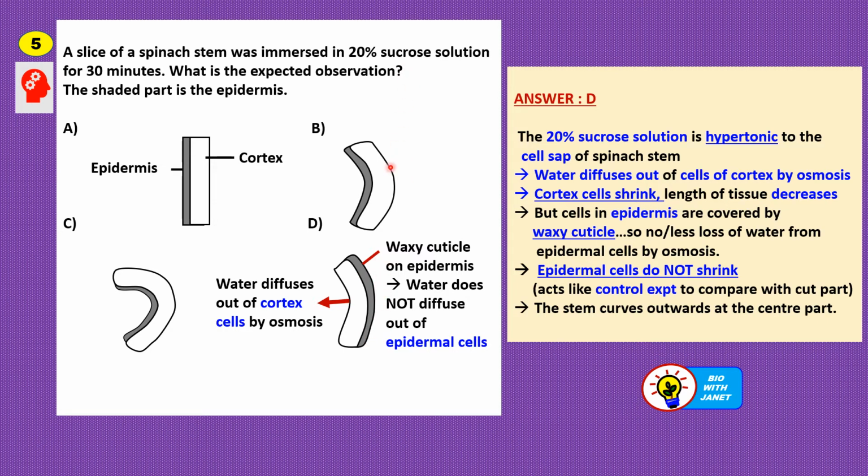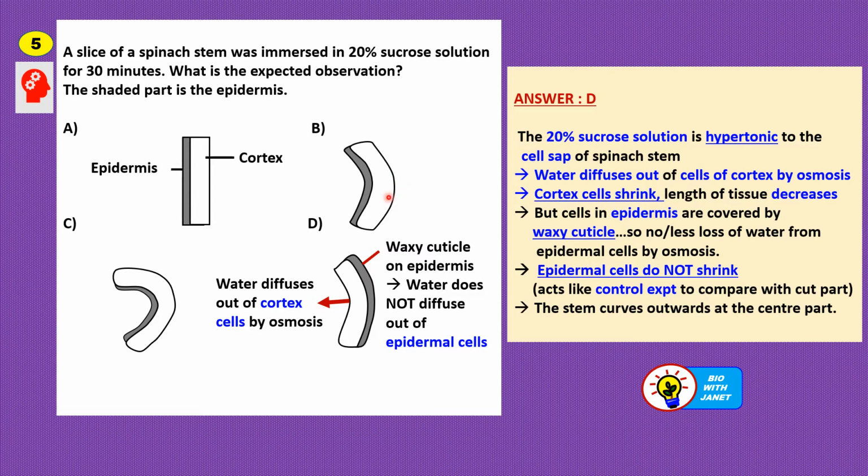Okay, and for B and C, they are the expected observations for the spinach stem in hypotonic solution, more dilute solution. I can see here the cortex cells have received water. They gain water by osmosis.